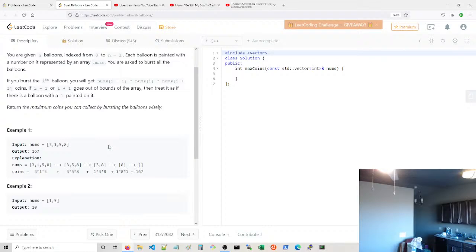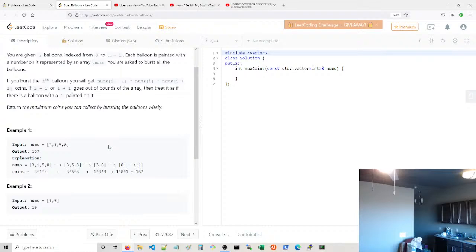In other words, if you have two balloons that are next to each other, one larger than the other, if you take the smaller of the two first, you'll always get a larger value than if you took the larger of the two first, because the smaller of the two would multiply by the larger one twice, whereas the larger one would only be considered once.